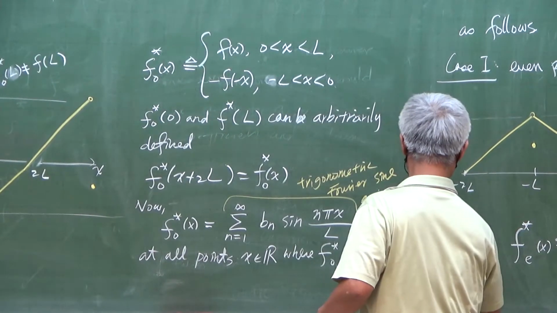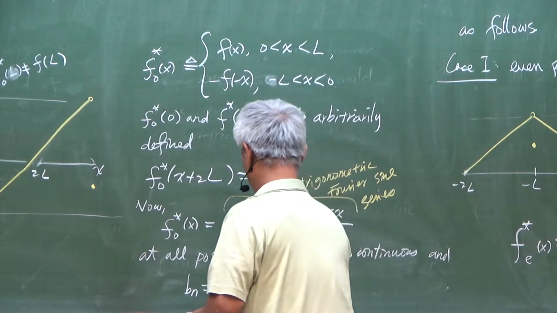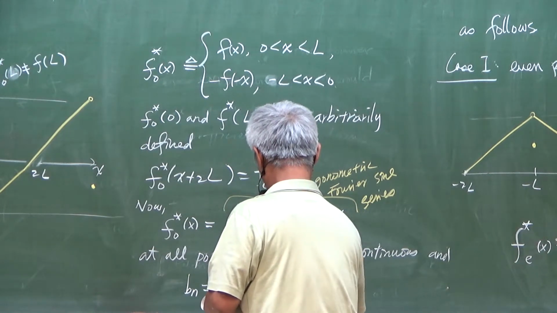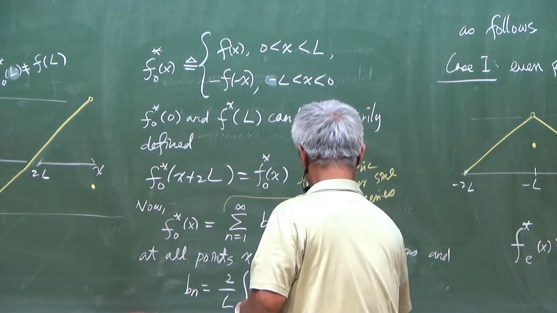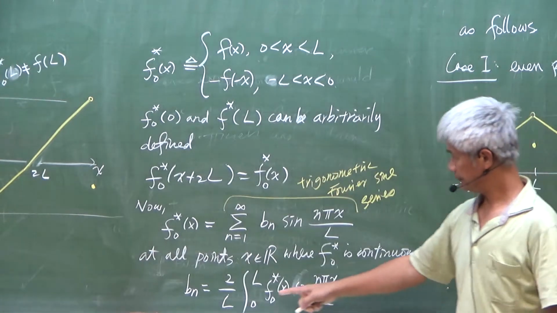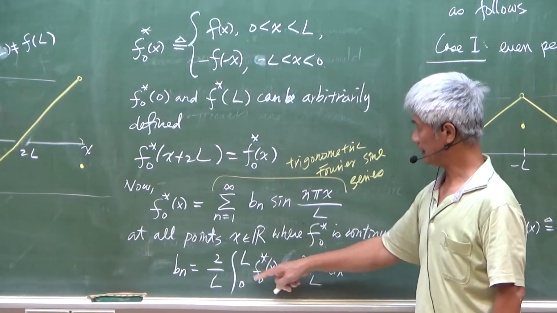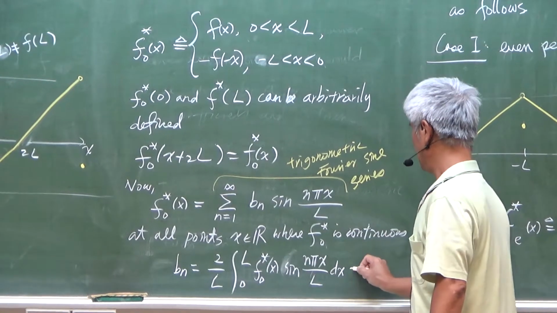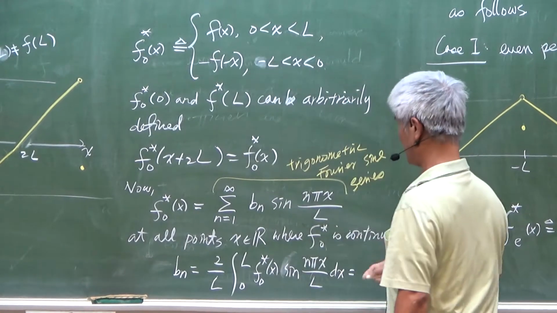And bn, okay, compute it. f star of x times sine. Okay, so by the periodic extension over the half period, in this half period they are almost equal except for 2 boundary points.